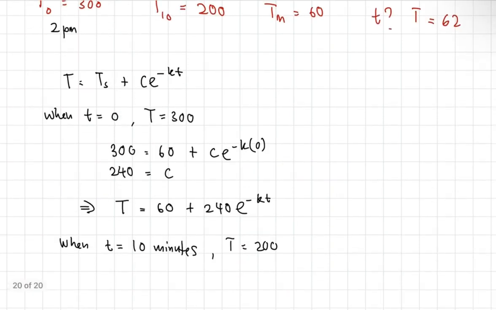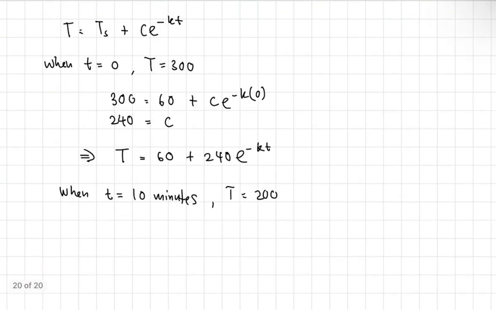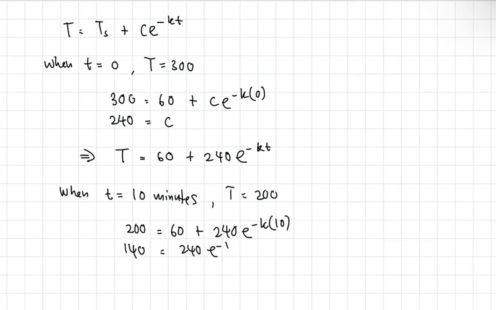All right. So substitute into our equation: 200 equals 60 plus 240 exponent minus k multiplied by 10. 200 minus 60, 140 equals 240 exponent minus 10k.